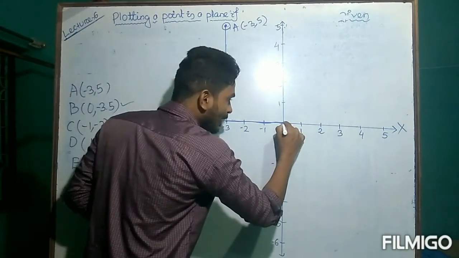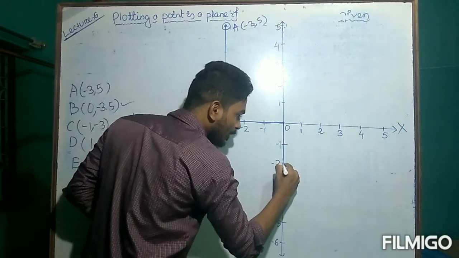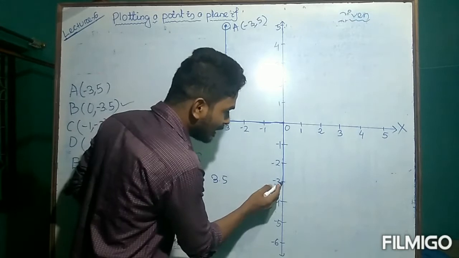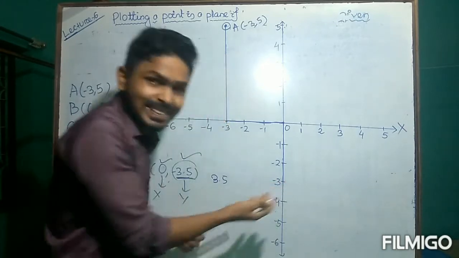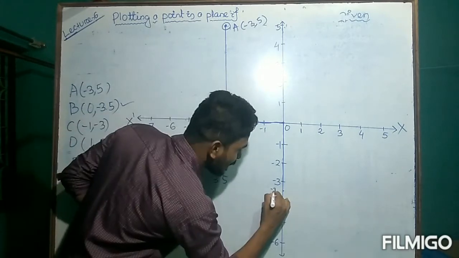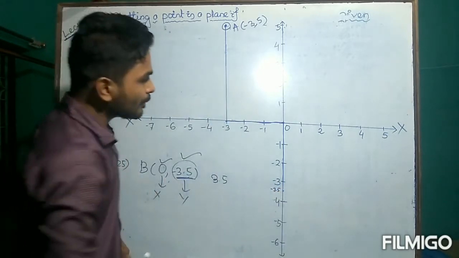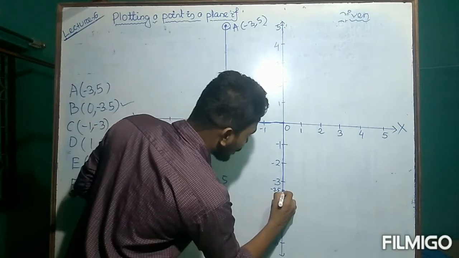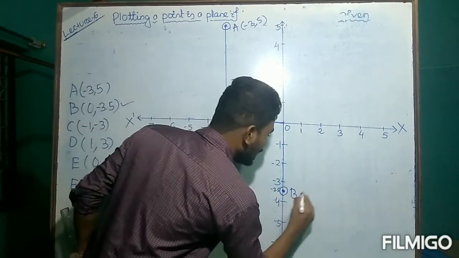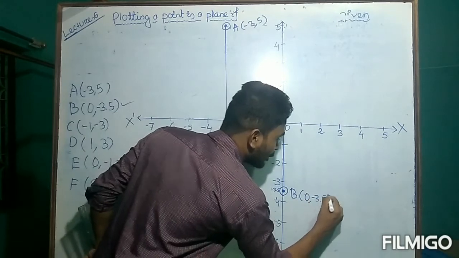Now start moving on the y-axis: 1 unit, 2 units, 3 units, and this is 4 units. Now 3.5 means the middle point, the bisector. This point represents minus 3.5. Simple. So this point represents the point B, 0, minus 3.5.